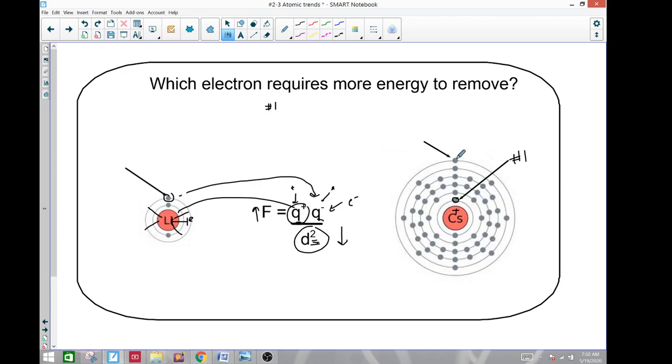Now we got these two. We got this one versus this one. Again, we want to look at this always in terms of Coulomb's law. You might say that this one should be number 2, or should this one be number 2? You might say, well, this one is number 2 because this guy's got more protons.